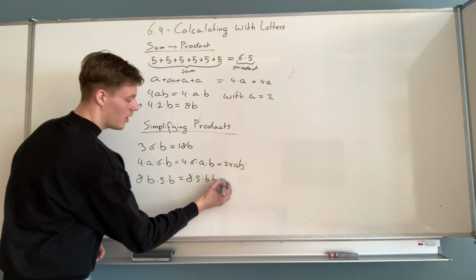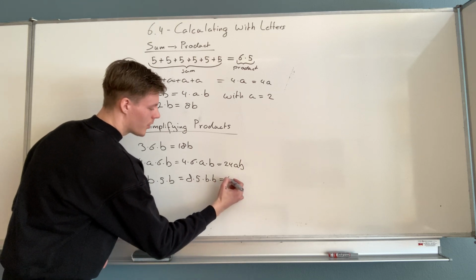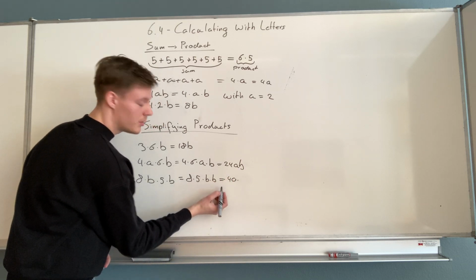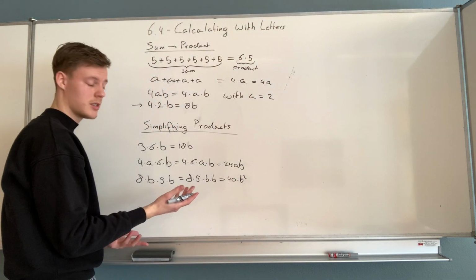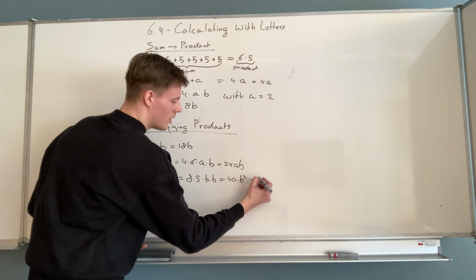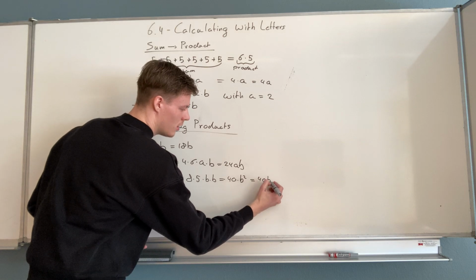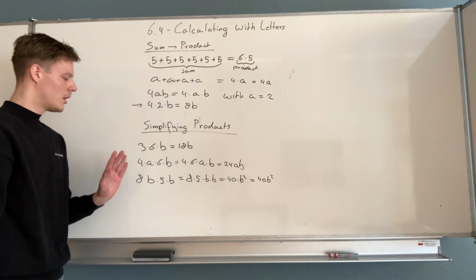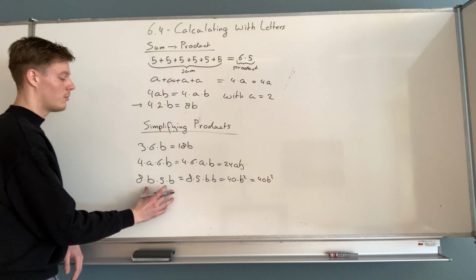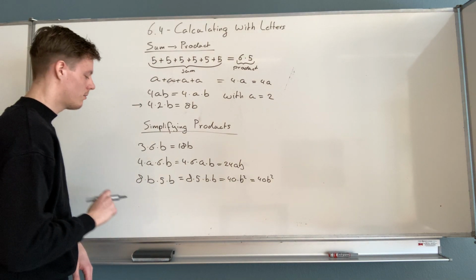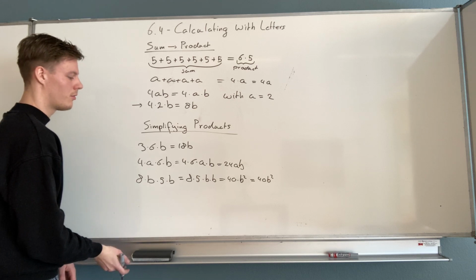So if we simplify this further, we get 40 times B times B is B squared, which is this. We can leave the multiplication sign out, which is this. So that's how you simplify with two of the same letters if they are multiplied. That's the rule you have to follow.